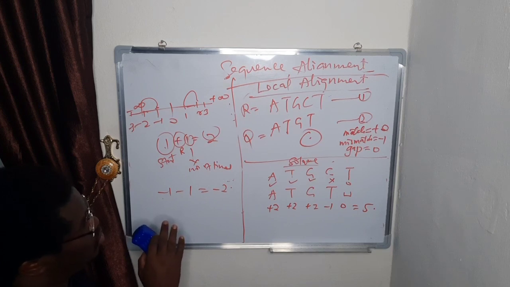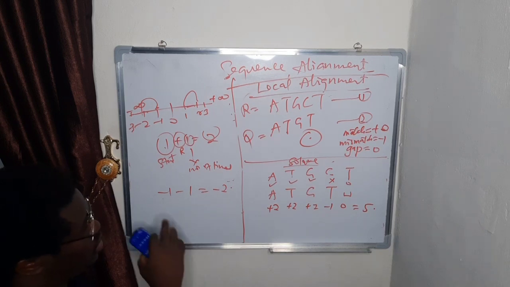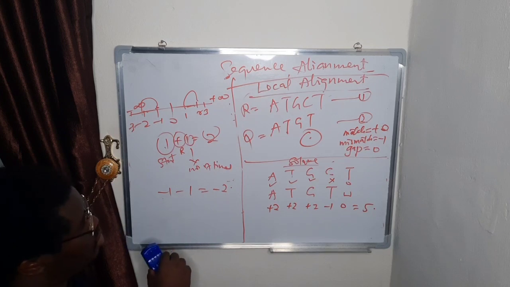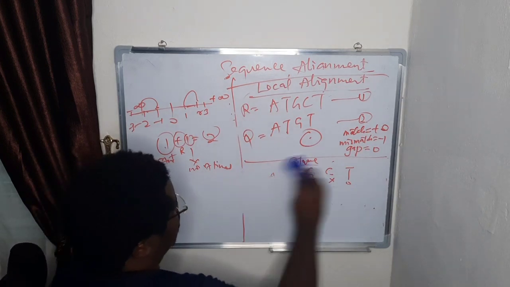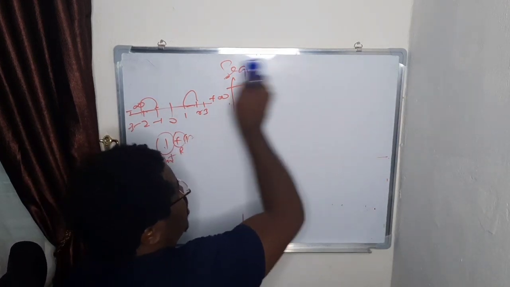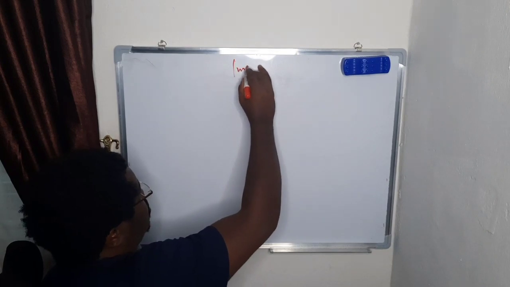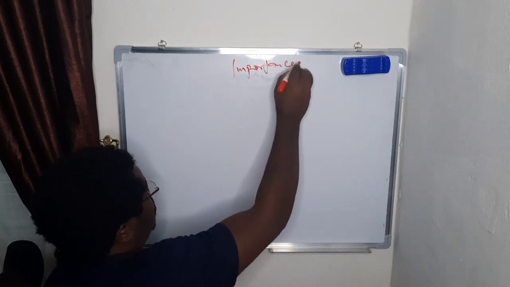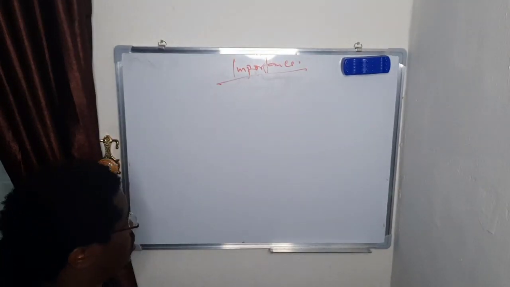So the essence, like I said, is to provide the best possible match, using the computer, using statistics, to give us the best possible match. So the last part is the importance of why we do bioinformatics.